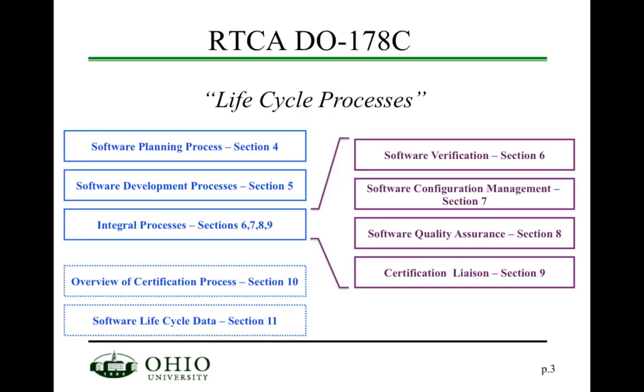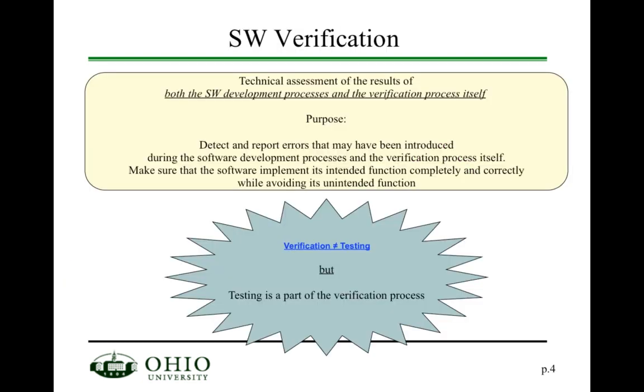Alright, so in D0178C, the software verification process is really part of the integral process sections. So if you look at software verification, it really is more or less a technical assessment of the results of both the software development process, in other words, where you start deriving high-level requirements, low-level requirements, source code, and object and executable code, as well as the verification process itself.